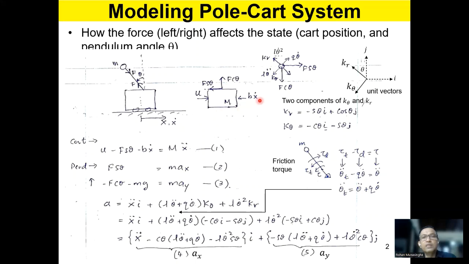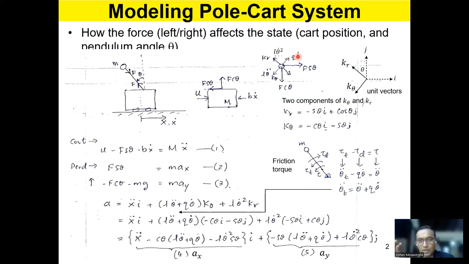Of course, you can see this b x dot as the friction, right? And also you can see it over here on the pendulum as it moves with respect to the air. Because the velocity is in this direction, right? Major component. So q theta dot is the air drag. So that is also included.